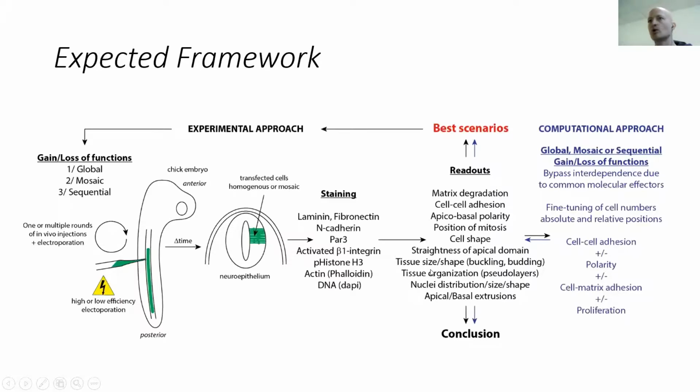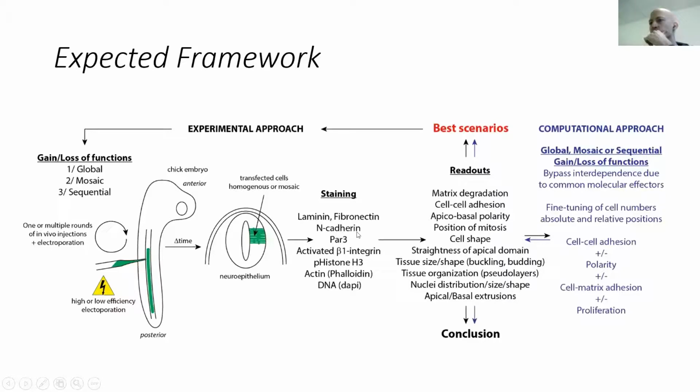So to finish very quickly, this is the expected framework we are aiming for, with on the left side of this slide the biological strategy, where we can make a global assessment of the gene functions, generate mosaic populations, or do sequential activation of genes or loss of function over time by doing this technique of electroporation.